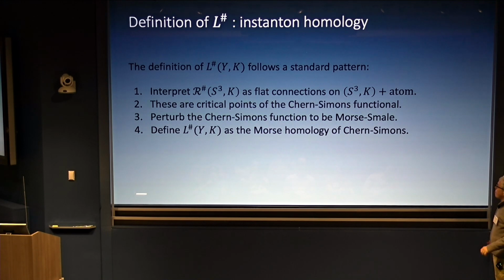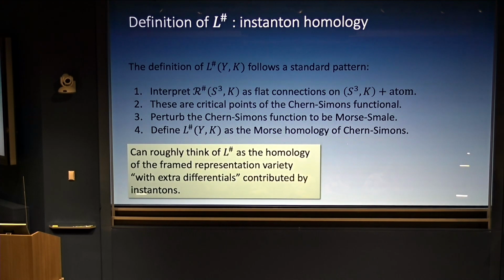And once you have this more Smale property from perturbations, and once you understand how Uhlenbeck compactness plays into your story, it's a standard procedure really to define L sharp for this orbifold as the Morse homology of this Chern-Simons functional. So it's generated as the critical points, and the boundary map counts trajectories of the Chern-Simons flow.